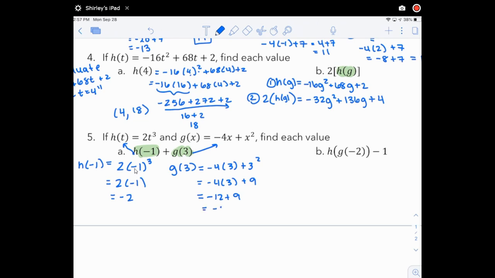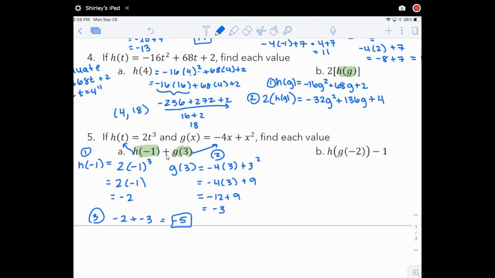So I get negative 3. But then don't get caught up. You have to make sure you're going back and answering the final question, because my actual question said find h at negative 1, find g at 3, and then add them together. So my final step, step 3, is to take negative 2 plus negative 3, and I get a final answer of negative 5.